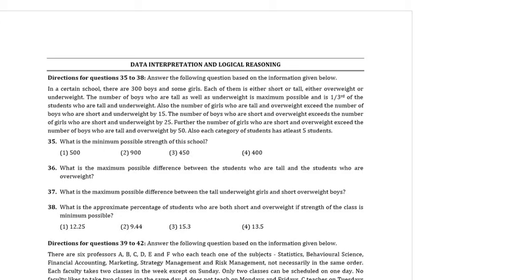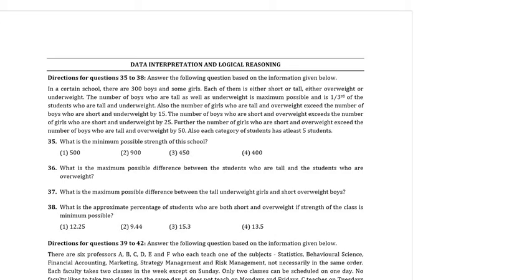So you'll observe that for each gender there will be 4 categories: short and overweight, tall and overweight, short and underweight, and tall and underweight. And then this will apply for boys, this will apply for girls, and it will also apply for total students. Then using these clues, you will need to keep filling the values and arrive at the final answer.